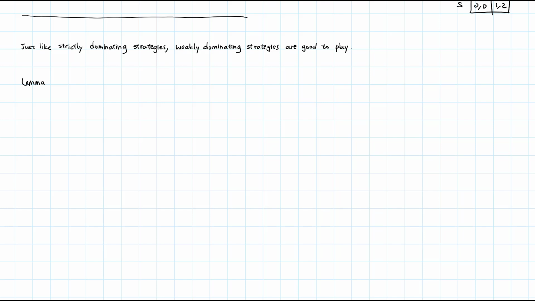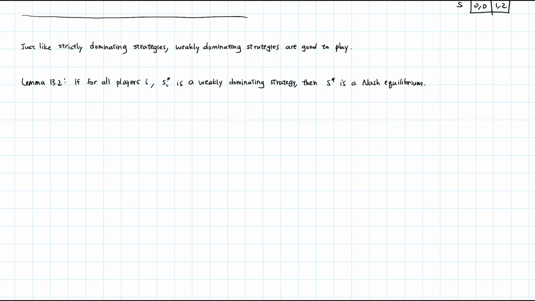We have the following result. If for all players i, si star is a weakly dominating strategy, then s star is a Nash equilibrium. As usual, we will leave the proof as an exercise. So this means that if everybody plays their weakly dominating strategy, then we get a Nash equilibrium.